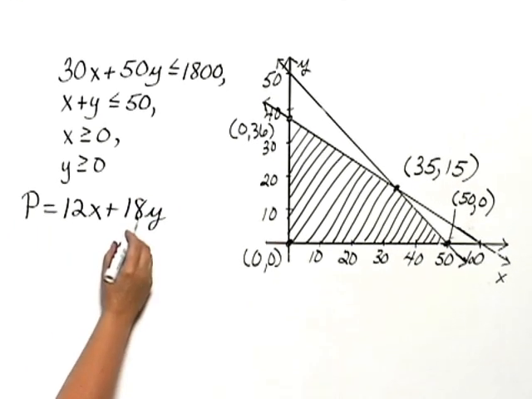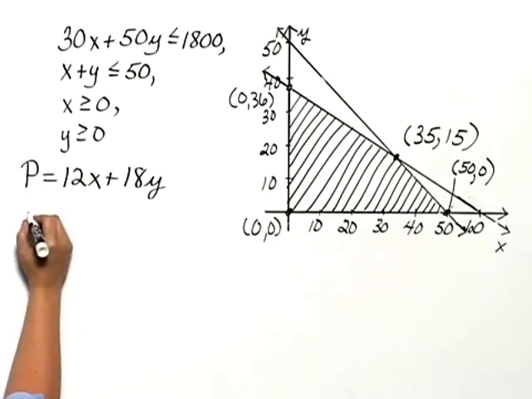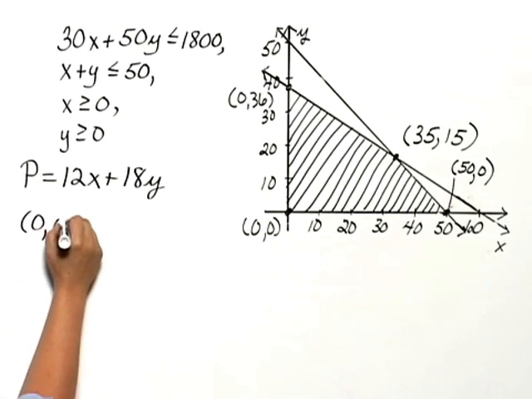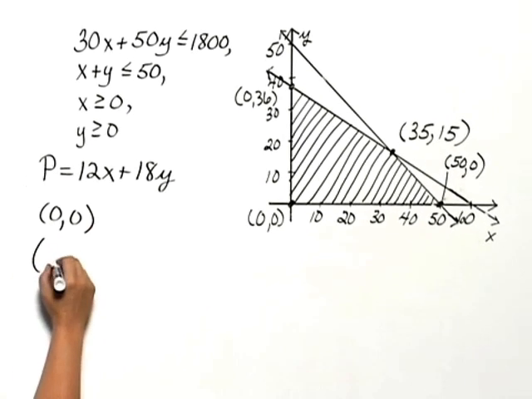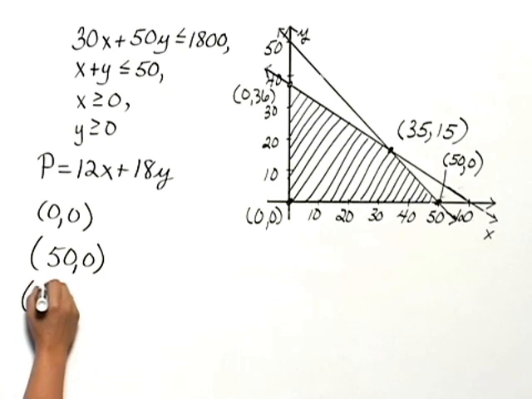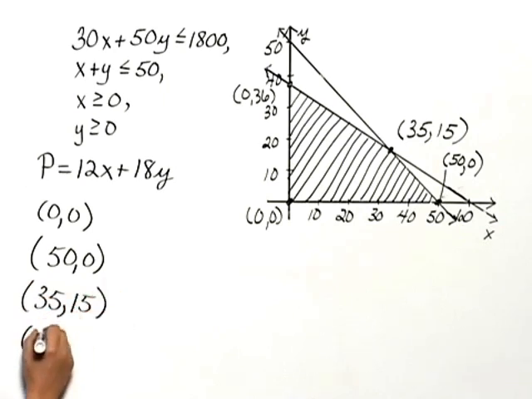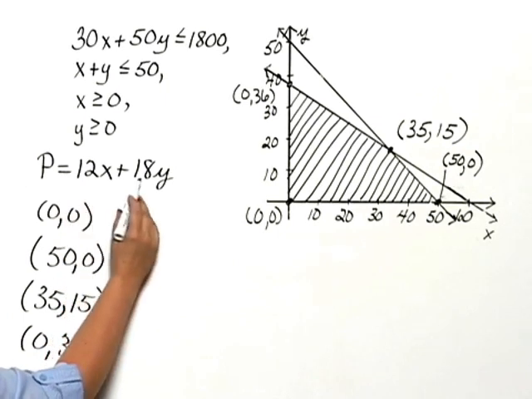Wherever it has the largest profit will give us the largest possible profit given these constraints. So we have the vertices (0, 0), (50, 0), (35, 15), and (0, 36). And we evaluate this at each one of those.